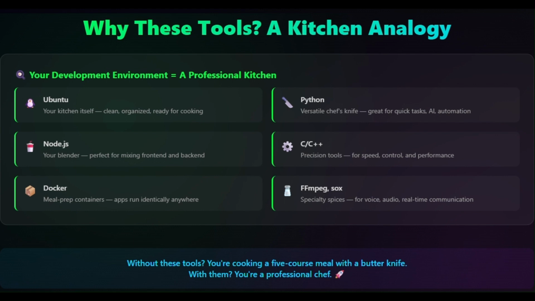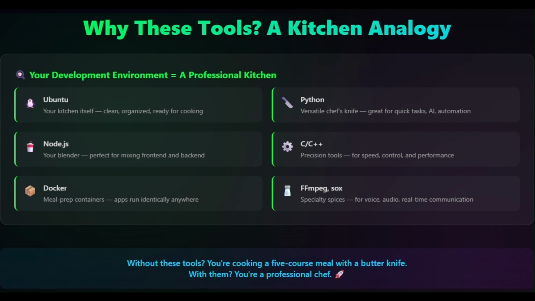Python is your versatile chef's knife, great for quick tasks, AI work, and automations. Node.js is your blender, perfect for mixing front end and back end into smooth web applications. C and C++ are your precision tools for when you need speed, control, and performance that matters.